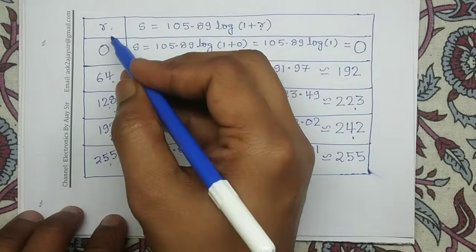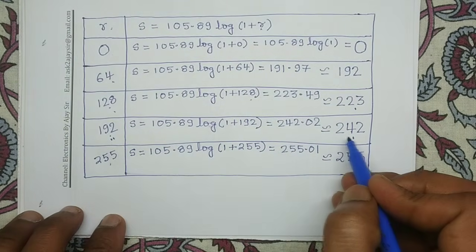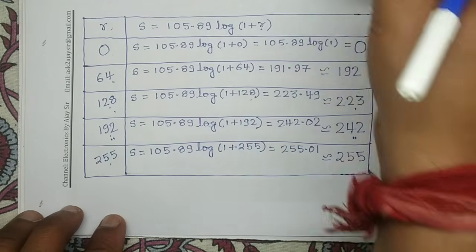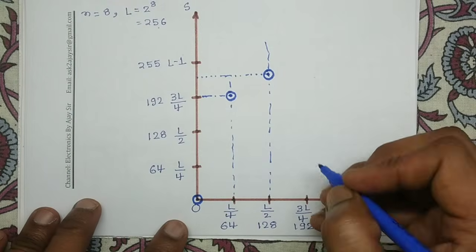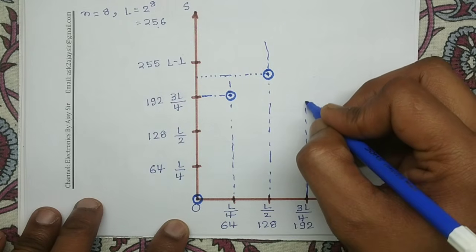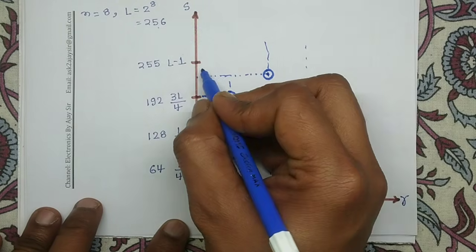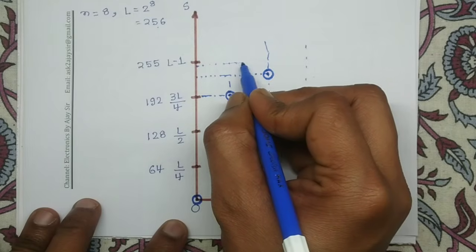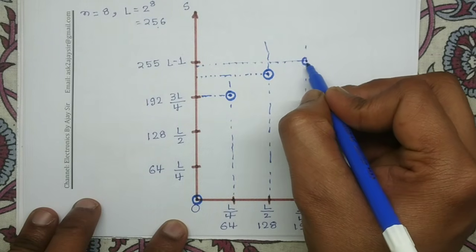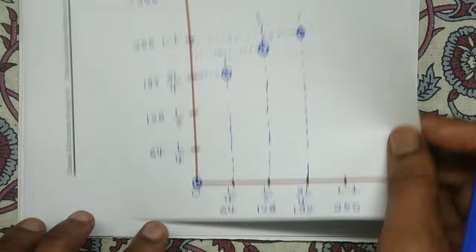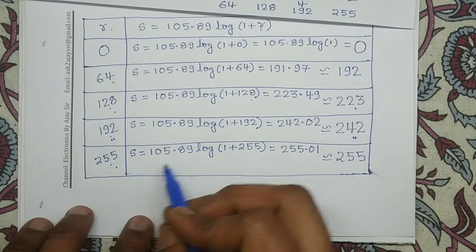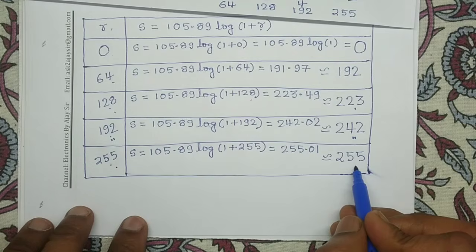Next, when R equals 192, S equals 242. When R equals 192, S equals 242, very close to L minus 1, tentatively represent this point. Lastly, when R equals 255, S is also equal to 255.